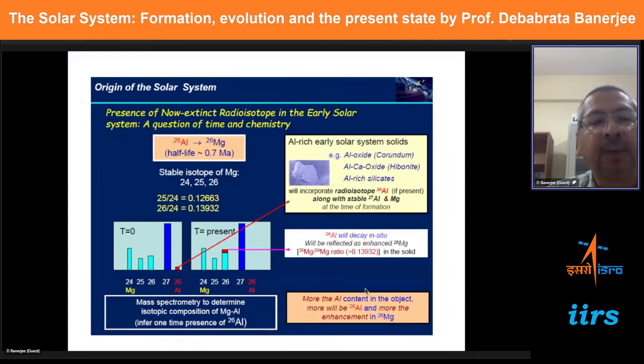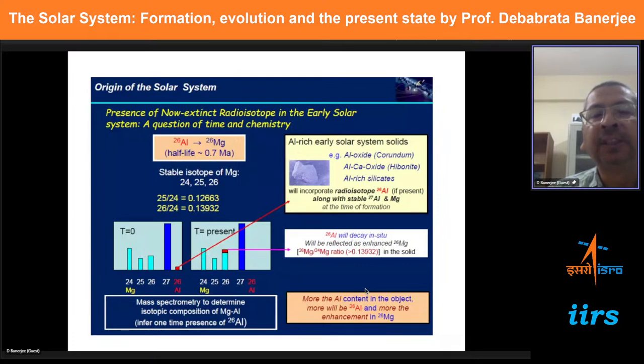And then you have 3 stable isotopes, okay? So basically, in the next slide I will show, by looking at this decay, okay? Suppose aluminium-26 was incorporated into a chondrule, which is present within a meteorite.